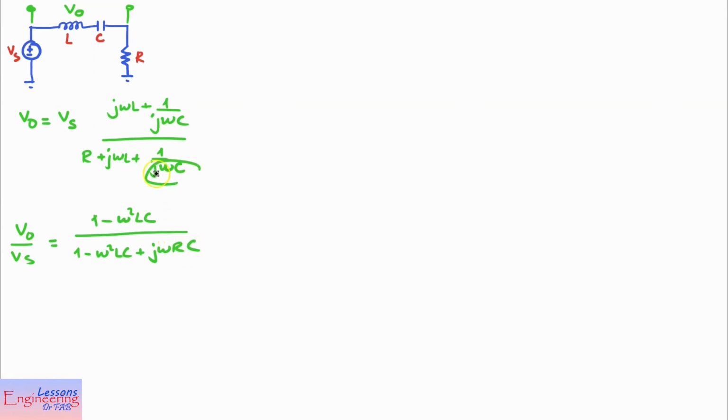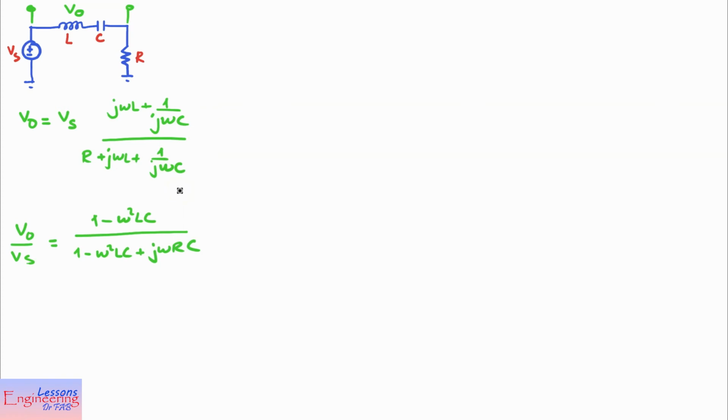That multiplied by that will be j omega RC, and that multiplied by that will be j square, which gives you minus 1, and omega square LC, and that one comes from the constant there.